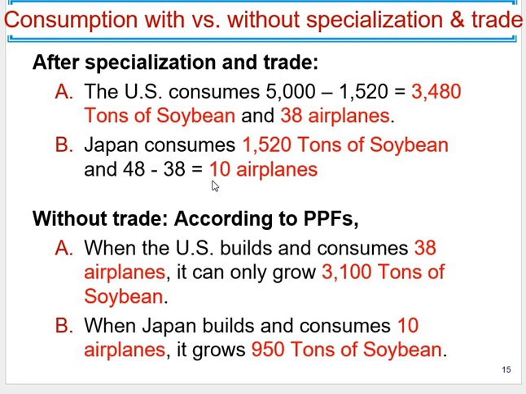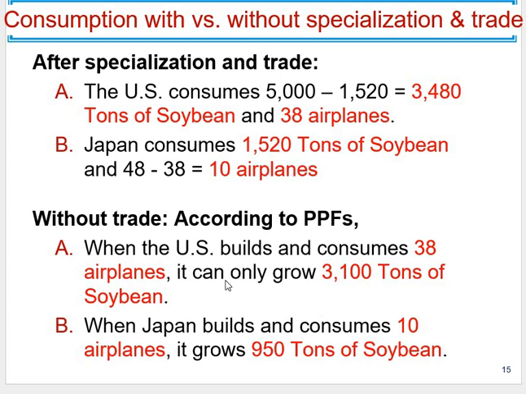Okay, and for Japan, we just set the numbers so that it's easier to compare, right? When Japan consumes 10 airplanes in a closed economy, when there is no trade, the leftover workers will let Japan produce 950 tons of soybeans.